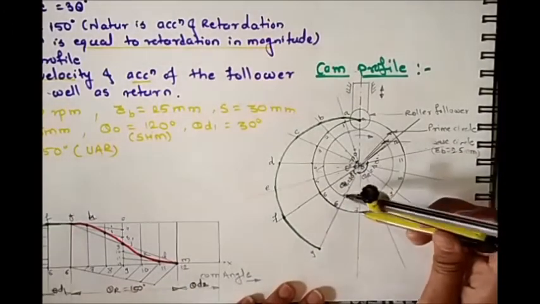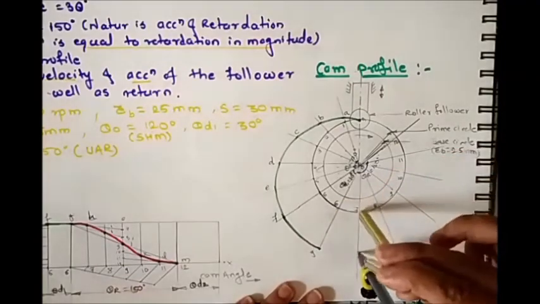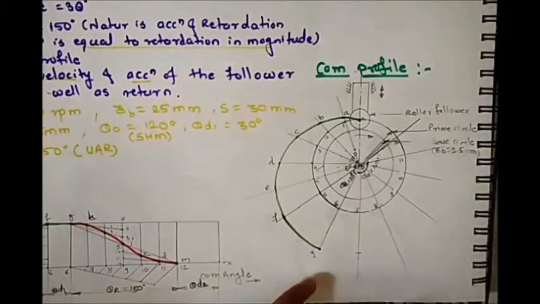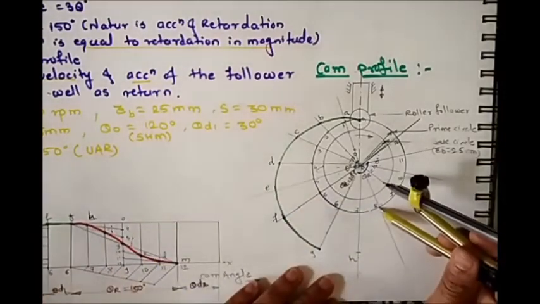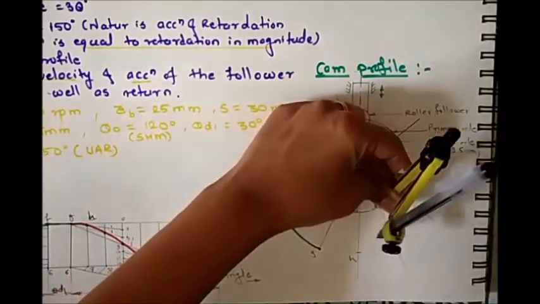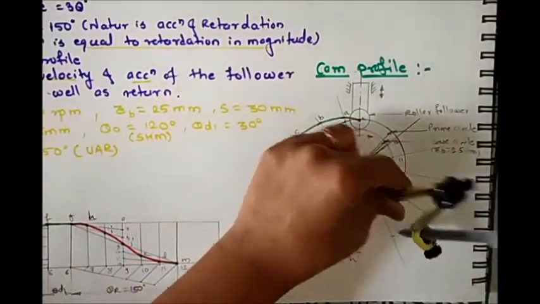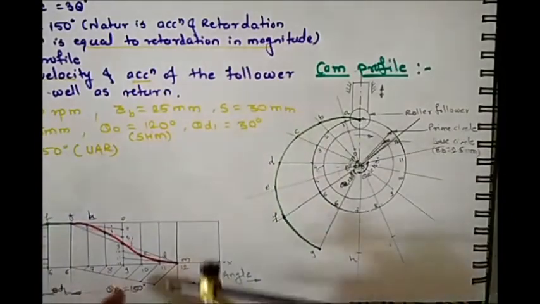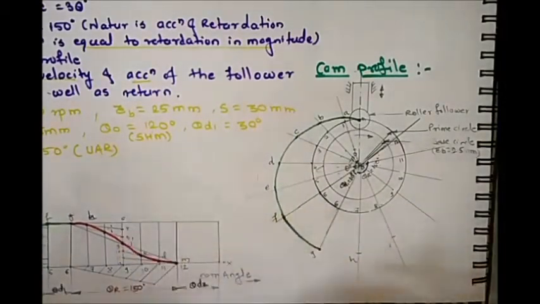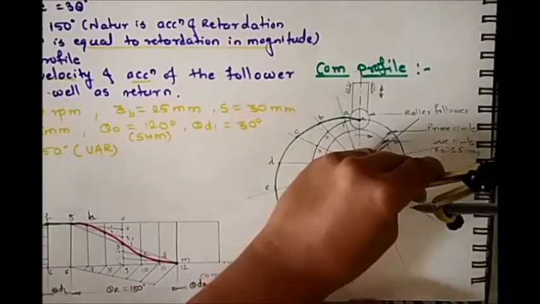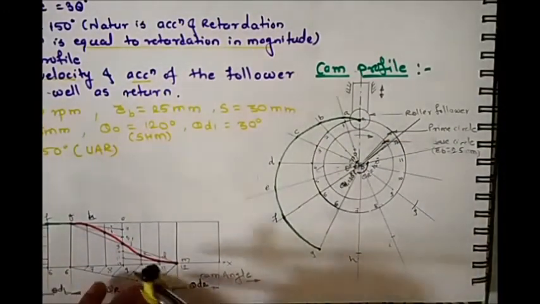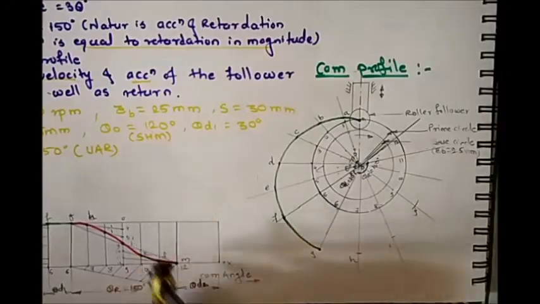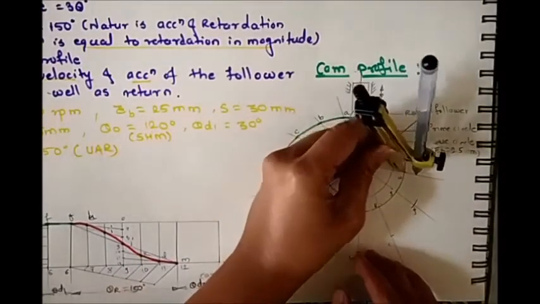Then from point 7, let's mark a point H. Similarly 8 to I, so from point 8 on the prime circle mark a point I. Then 9 to J, so here we have the line of 9 to J. 10 to K, so from 10 we get the point K.